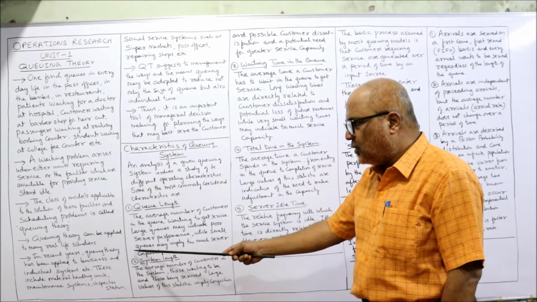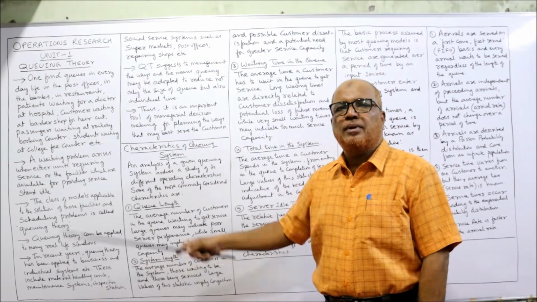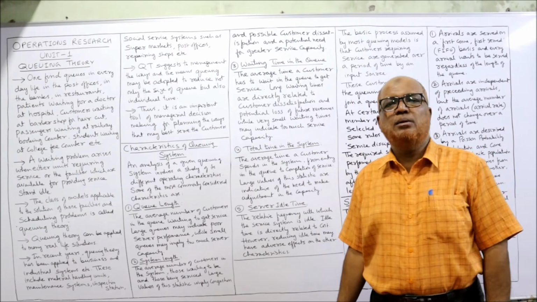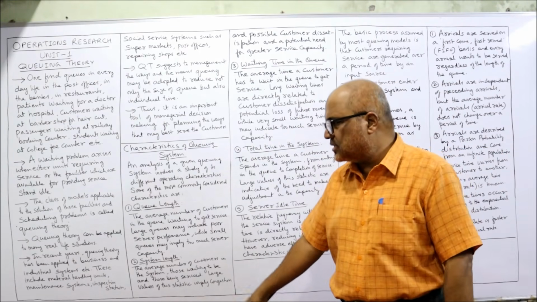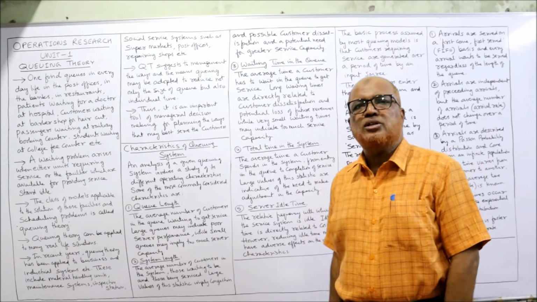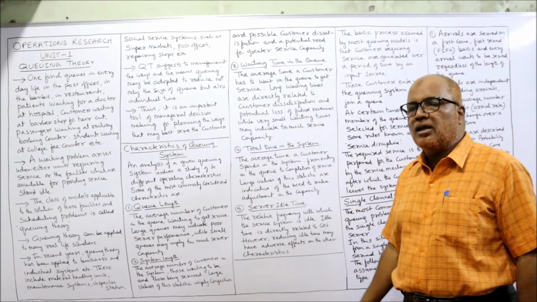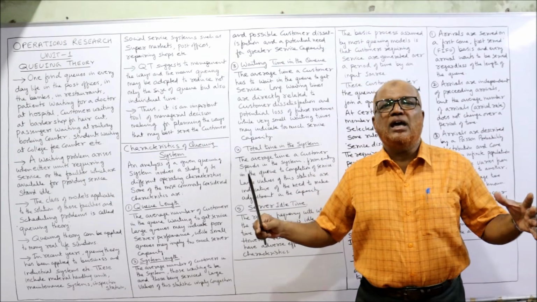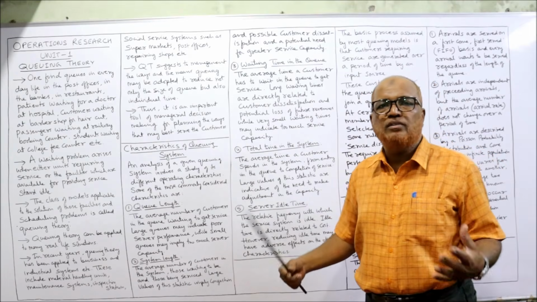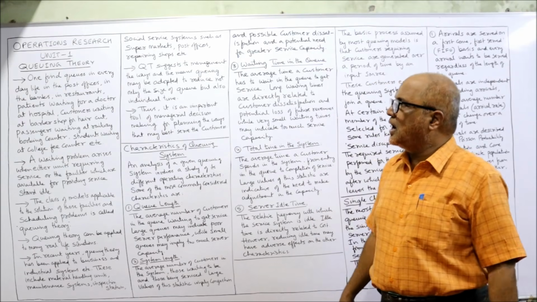In recent years, queuing theory has been applied to business and industrial organizations, regarding material handling units, maintenance systems, inspection stations, or social service systems such as supermarkets, post offices, and repair shops. A large number of areas are there where we apply queuing theory to solve the waiting problem of the customers and also of the server.